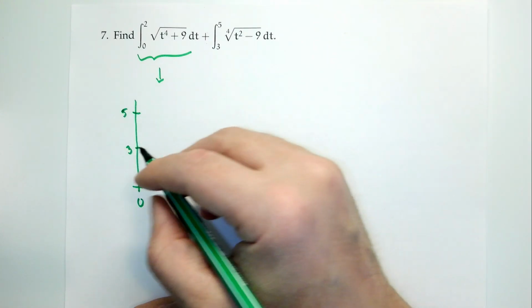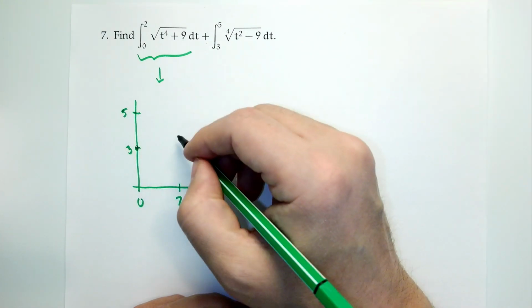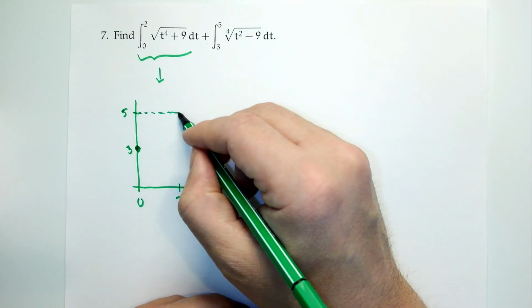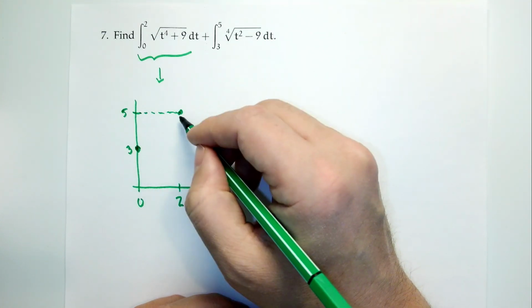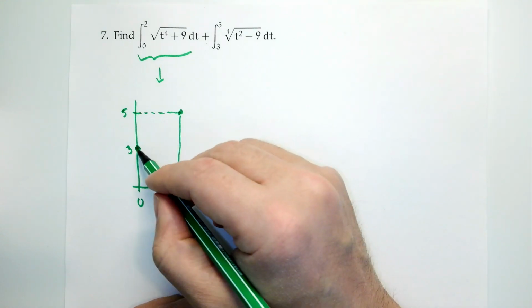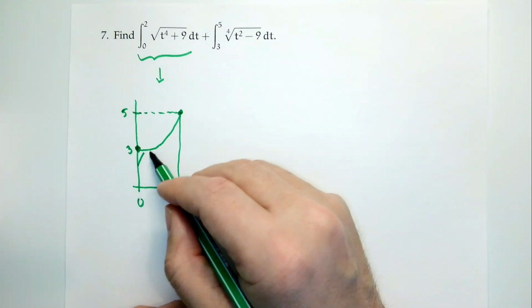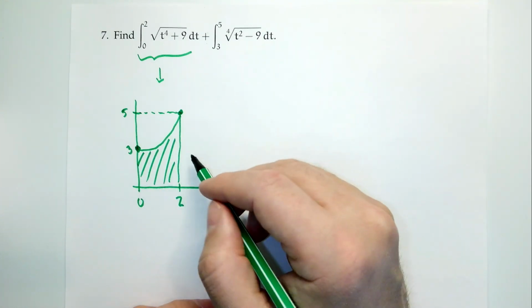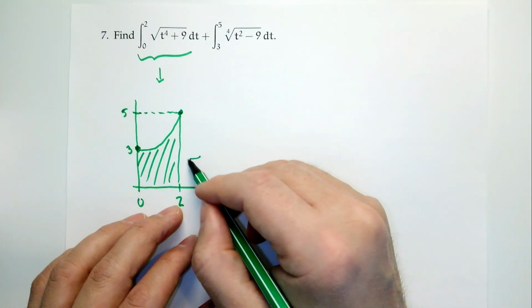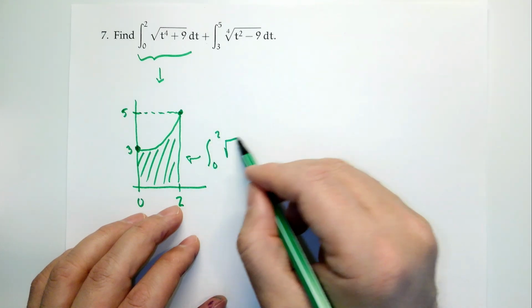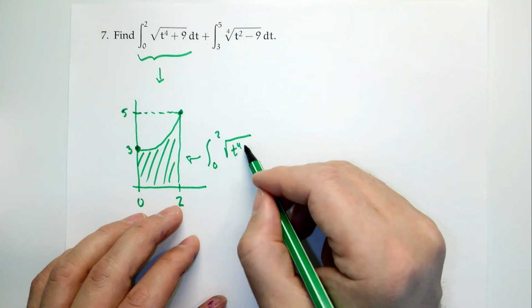I can see my picture is already a little bit off. So I start here at 0, 3, and it looks like I end here at 2, 5. And then I go up in some way. So what I have is that this region is the integral from 0 to 2 of the square root of t to the 4th plus 9.